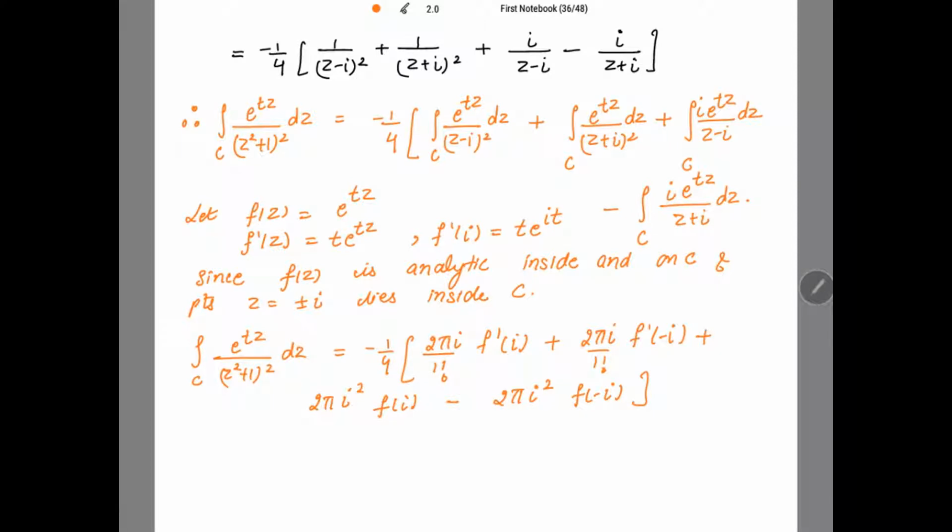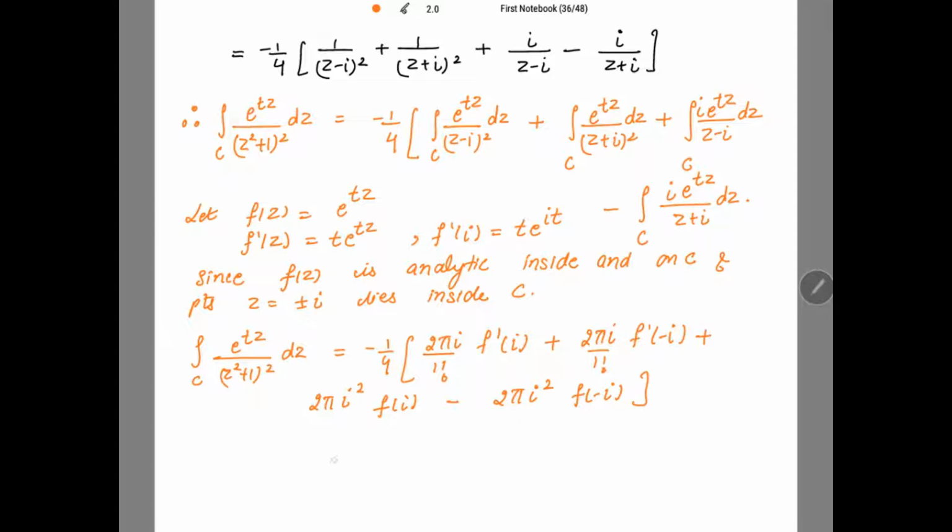Then for the second term also 2 pi iota over 1 factorial f dash minus iota, plus 2 pi iota, and here iota is also present. So iota into iota, I have written iota square f of iota, minus again 2 pi iota into iota, which is 2 pi iota square f of minus iota.